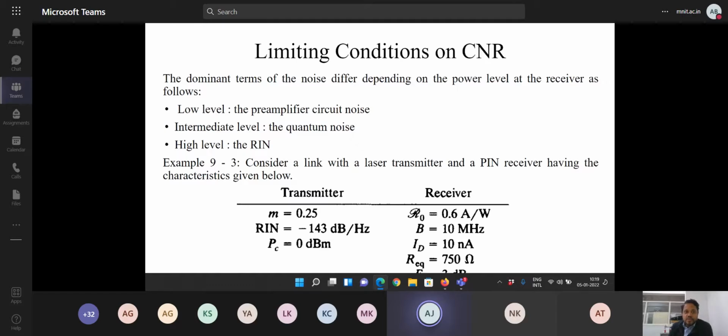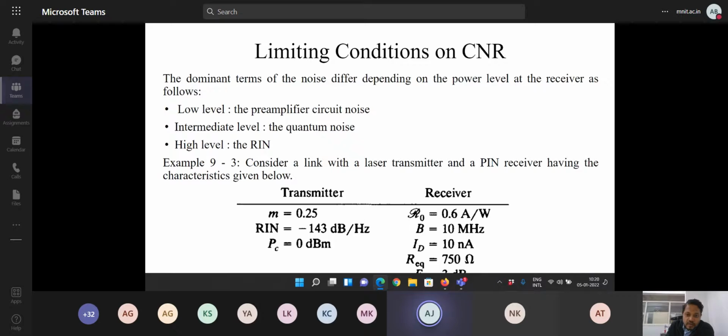So for the limiting conditions, if the received power is in the low regime, of the order of say a few microwatts, or around 10 to 100 microwatts of optical power incident on the receiver, in that case the preamplifier circuit noise is dominating.